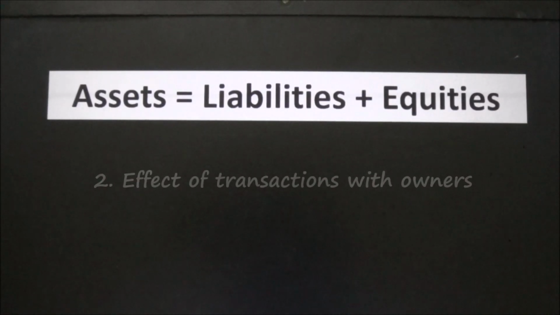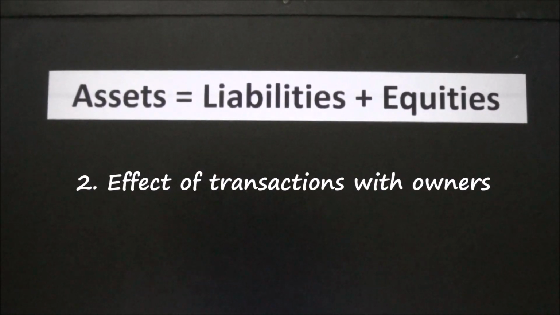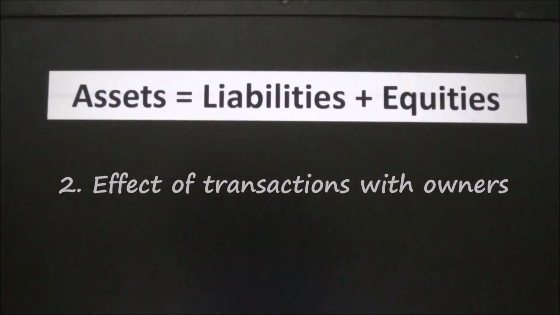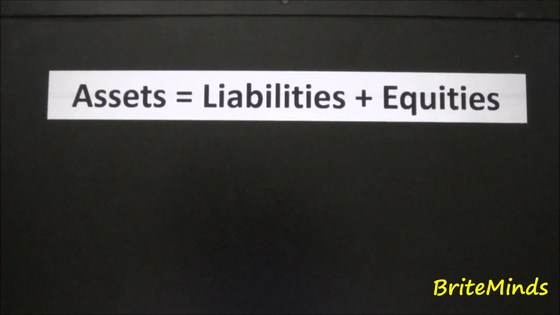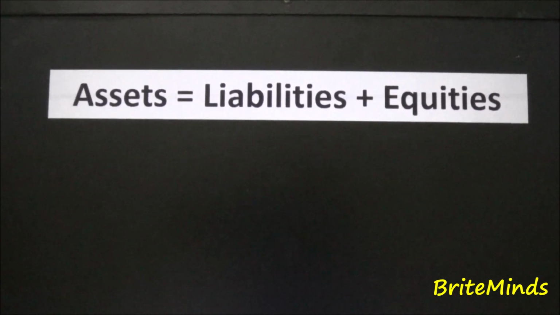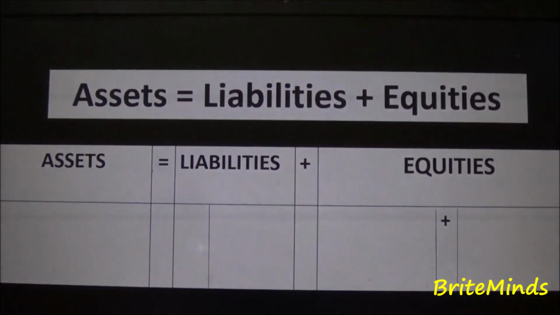And the second thing is the effect of transactions with owners, like the drawings, the sale or purchase of ownership interest. So I have here the expanded accounting equation. The expanded accounting equation takes the simple accounting equation and adds additional equity items to show how they affect the company as a whole.